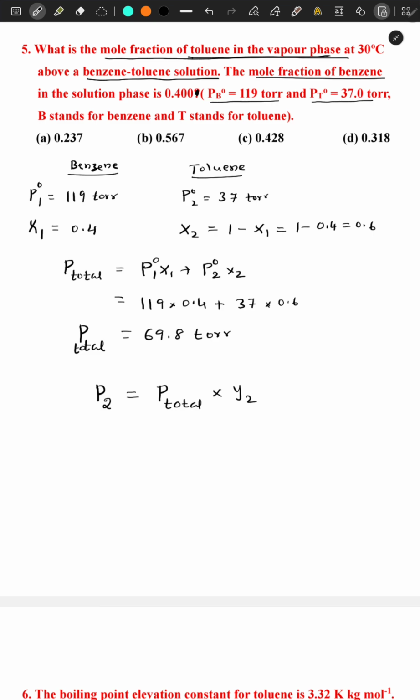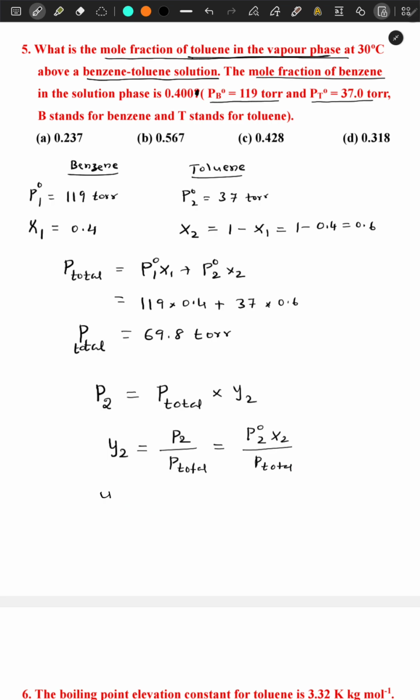This formula is also called Raoult's law for vapor phase. And here they are asking the mole fraction of toluene, Y2, in vapor phase. That will be P2 divided by P total. So what is P2? P2 is nothing but P naught 2 into Chi2, divided by P total.